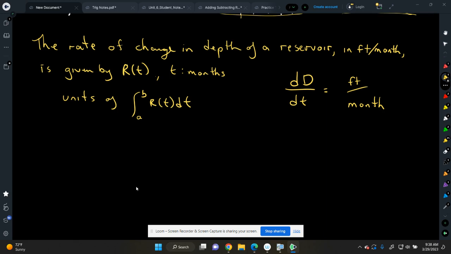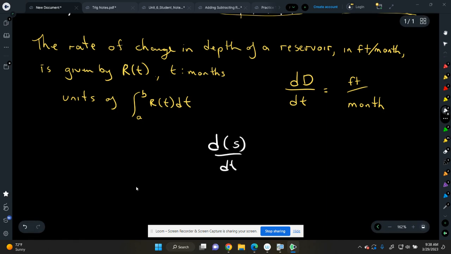Let me put it in terms of something that you're familiar with. We know the derivative of a position function is equal to what? Velocity.